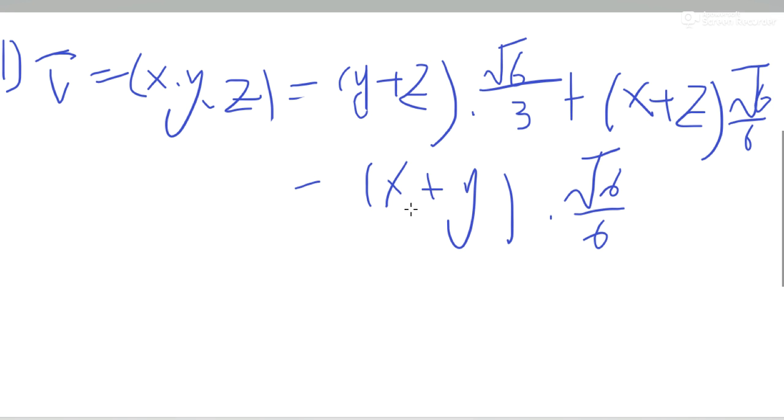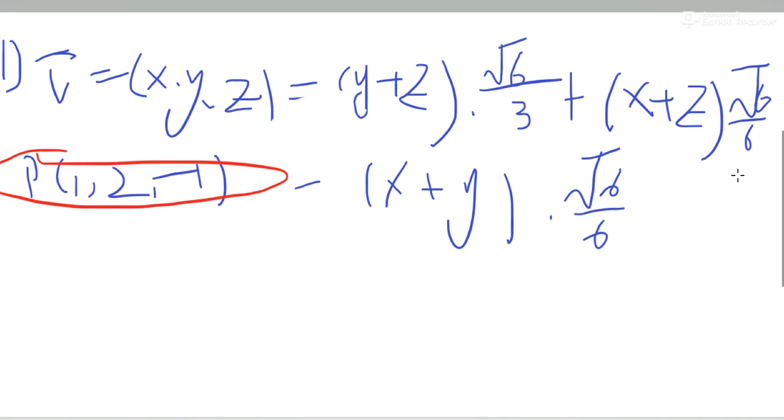Okay, so we get this expression as a function, but according to the question, we have the point (1, 2, -1), which the question gives us. So we get the answer, the directional derivative. Sorry, I made a mistake.